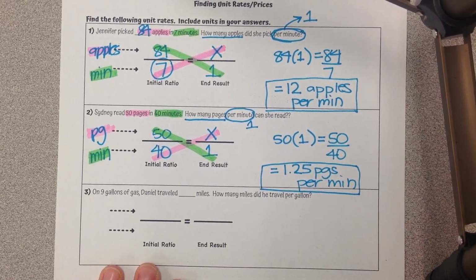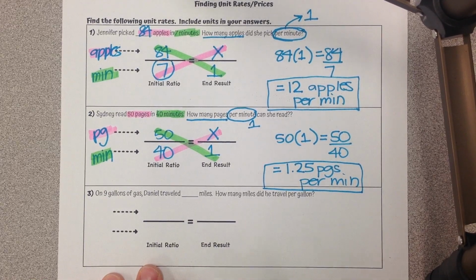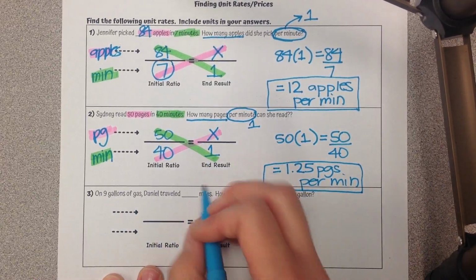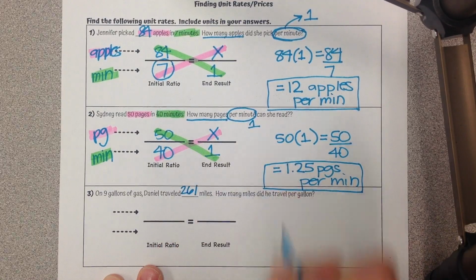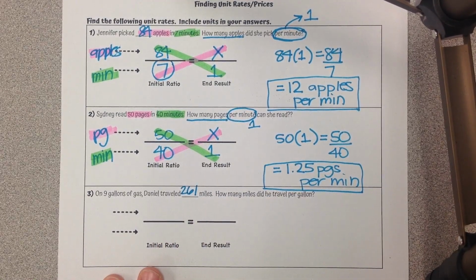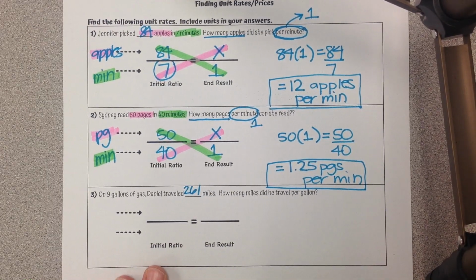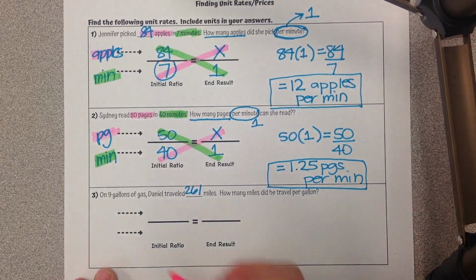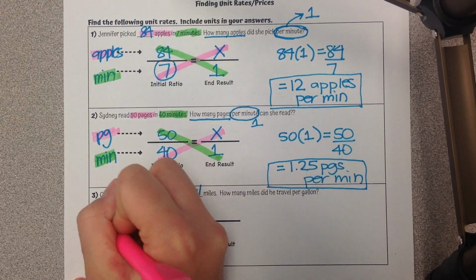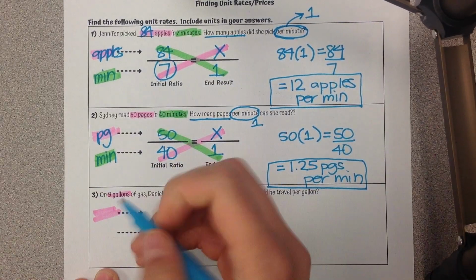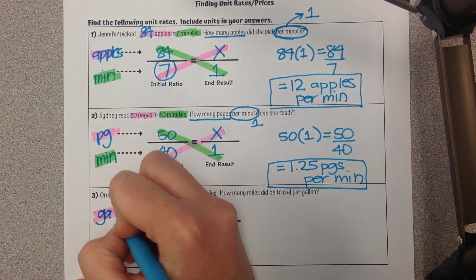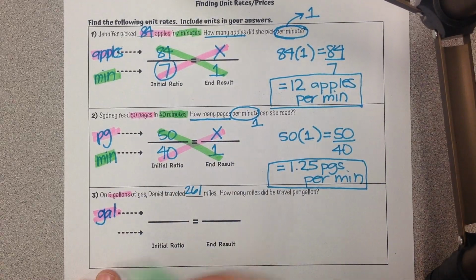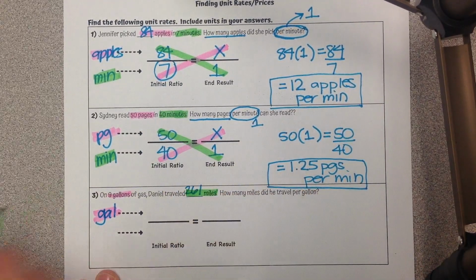Okay, example 3. On 9 gallons of gas, Daniel traveled 261 miles. How many miles did he travel per gallon? Okay, so I'm going to look for my 2 units. I have gallons and I have miles.